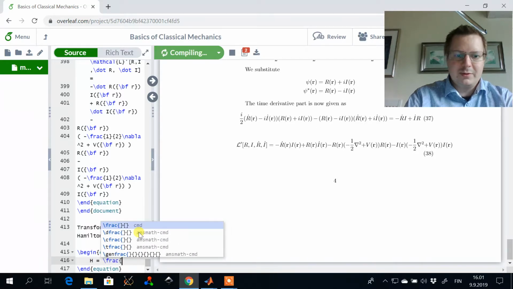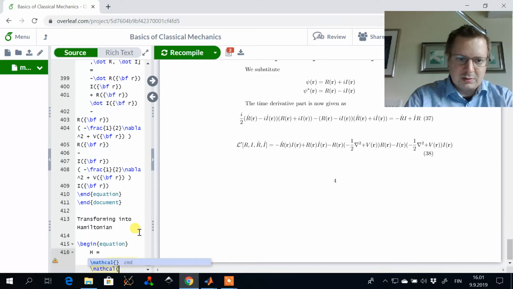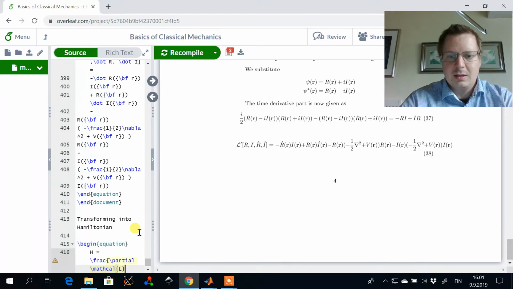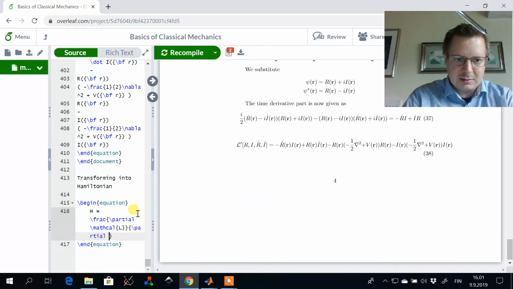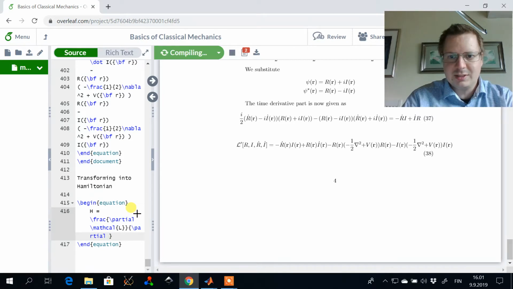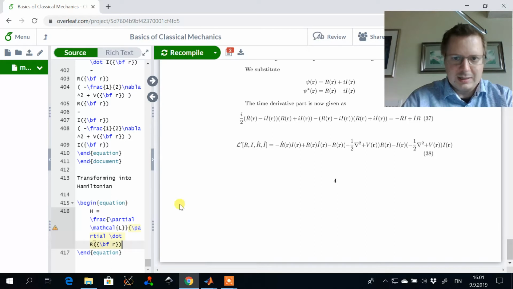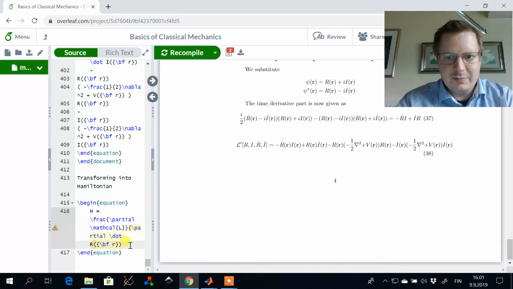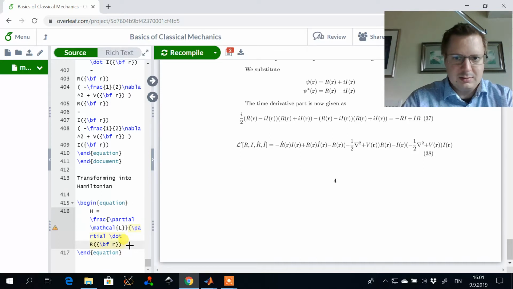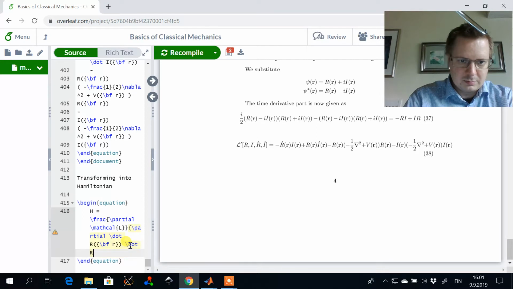So whatever will be the conjugate momentum of I, we take the partial derivative of L with respect to dot r, and that will be just minus I, and then we will multiply that with dot r.